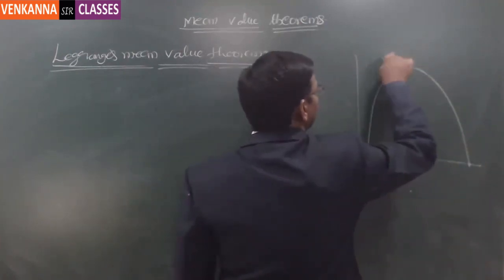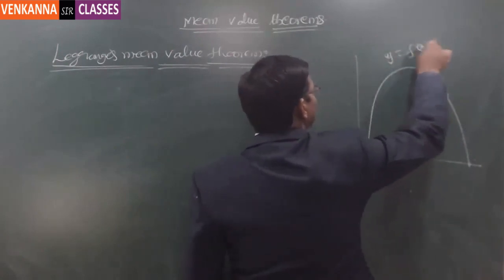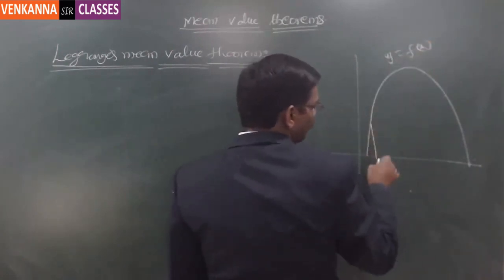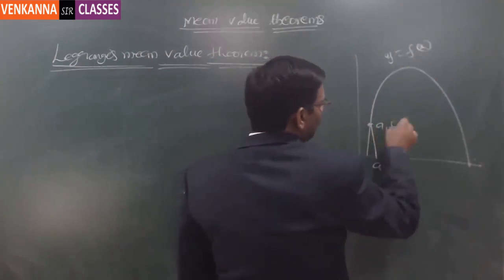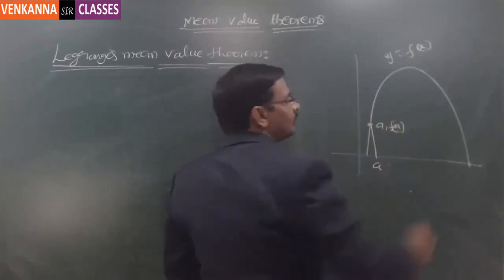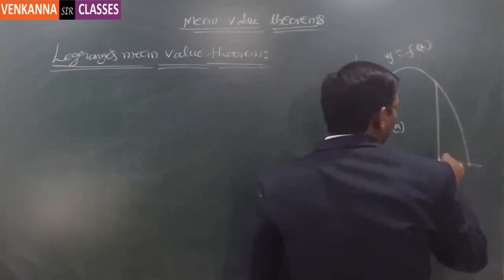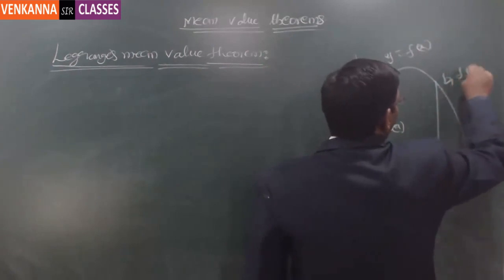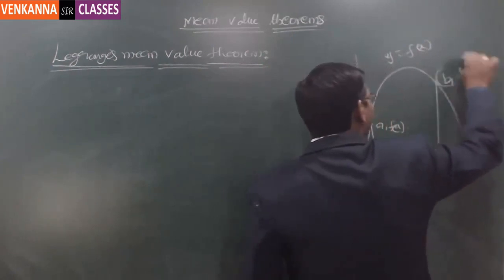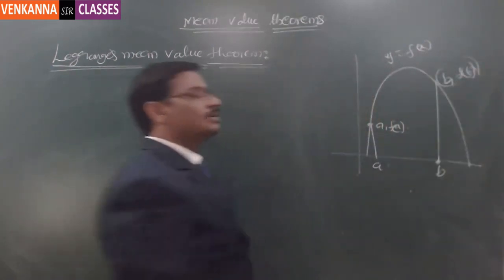So y is equal to f of x is the function, and on this function you have considered one point a, where the point is a comma f of a, and another point at one more location, at b, and this point is b comma f of b. Now all the conditions of Rolle's theorem still hold good here.